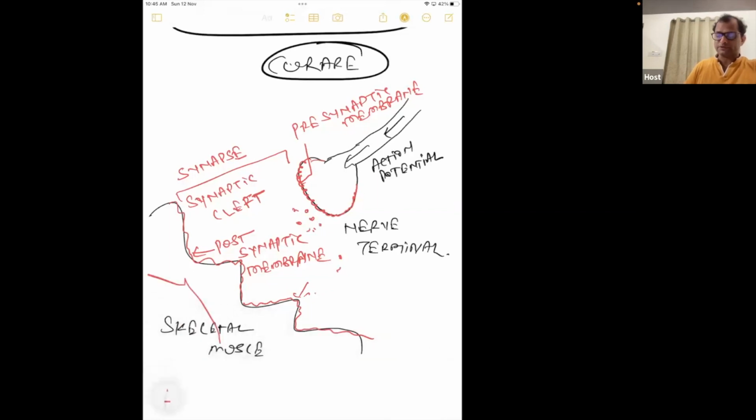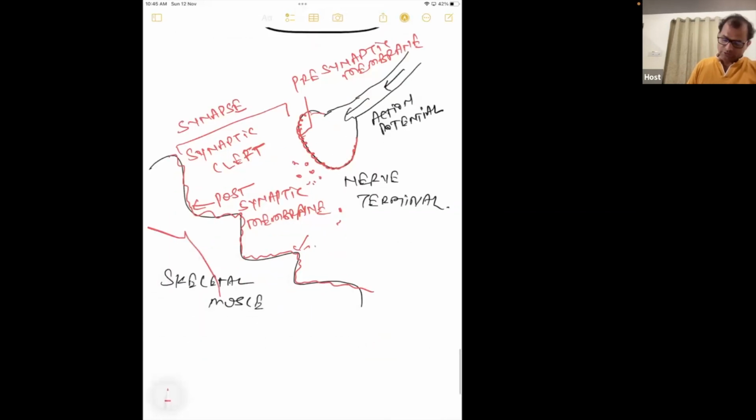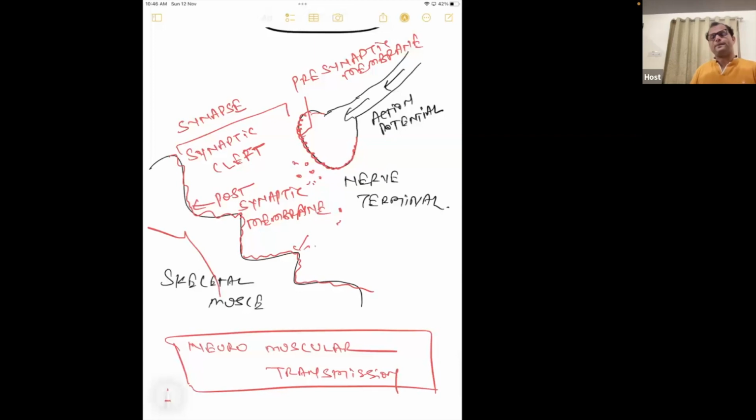So this entire process is called neuromuscular transmission, meaning the transmission of the message happening between the nerve and the muscle.